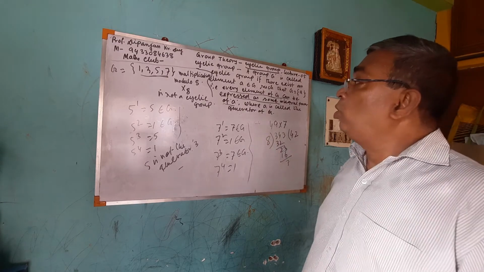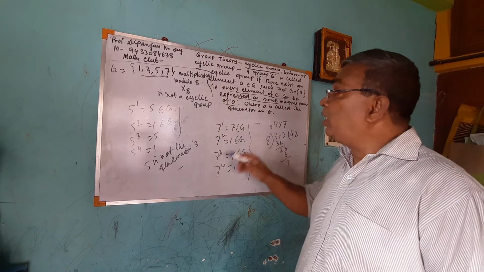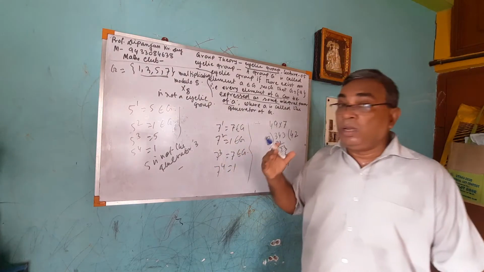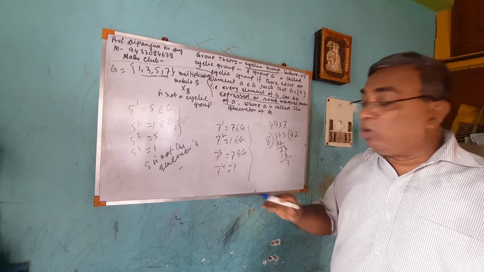That means here also we are not getting all of 1, 3, 5, 7. Only 1 and 7, but 3 and 5 we are not getting, if we increase the integral power of 7. So 7 is not the generator.